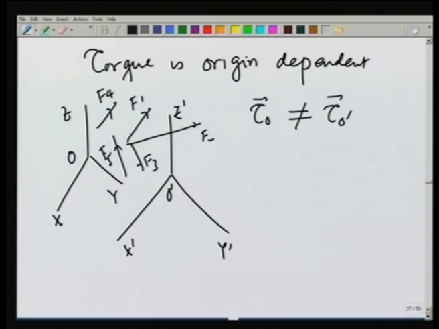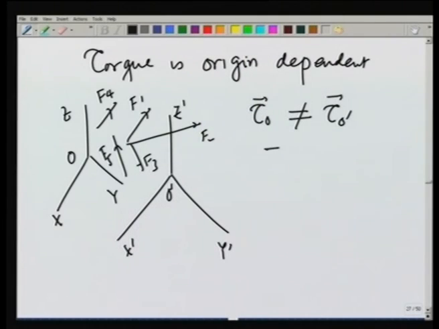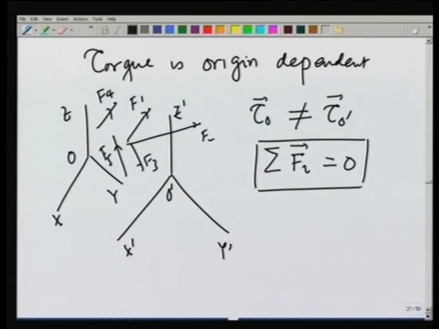However, there is a very special circumstance under which the two torques are equal, and that is when summation of Fi is equal to 0, and I am going to show that to you.